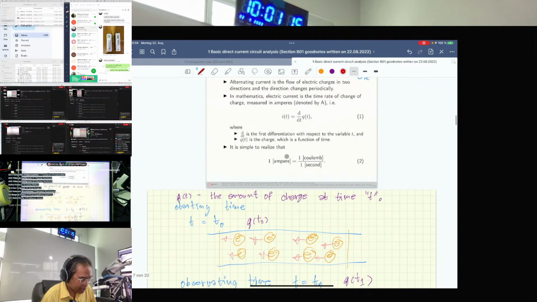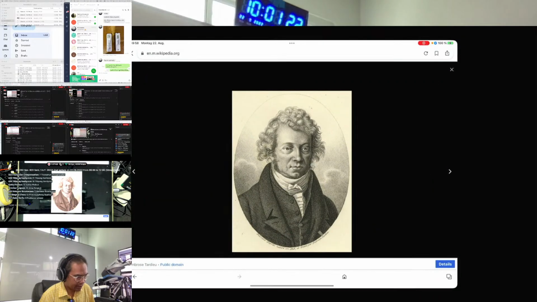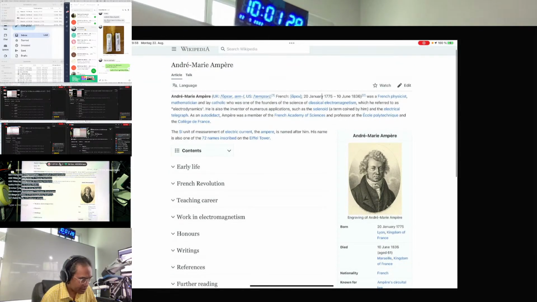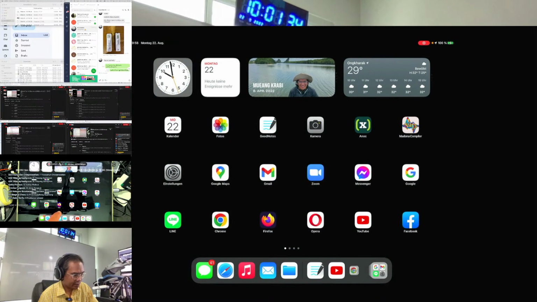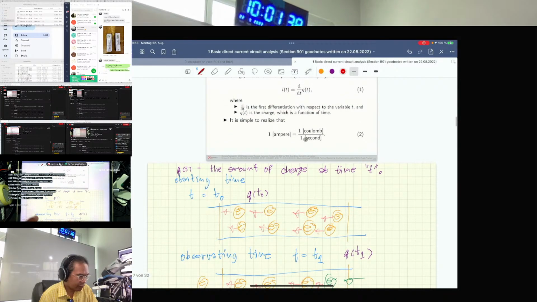The unit is often called coulomb per second, but once Andre Marie-Ampere had passed away, he's from 1775 until 1836, it's not common to say coulomb per second. We're going to call it simply by his surname, Ampere.